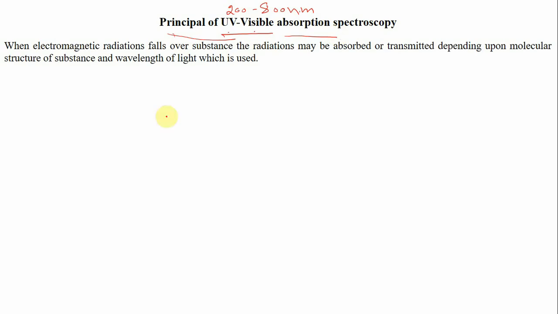When any electromagnetic radiation or any light falls over a substance, there are a few things that can occur. The radiations falling over the substance may get absorbed, or they may get transmitted.